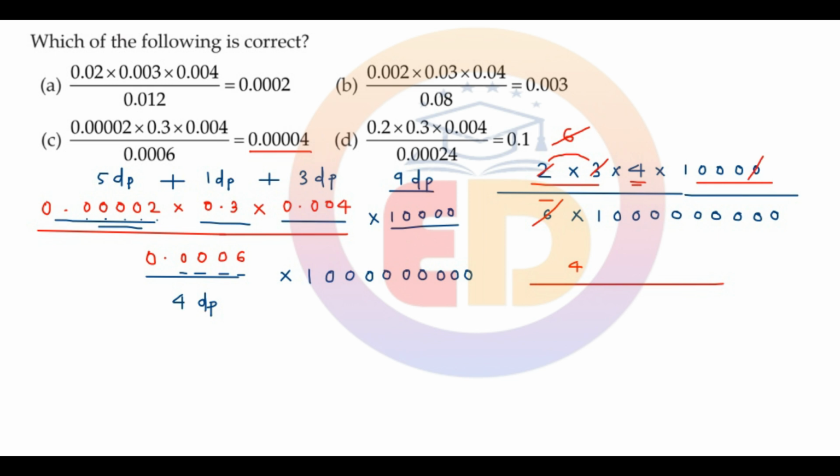Let's cancel these 4 zeros. 1 zero from the numerator and 1 from the denominator. Another zero from numerator, another from denominator. Another zero from numerator, 1 from denominator. Another zero from numerator and another from denominator. So I'm left with 1 followed by 1, 2, 3, 4 and 5 zeros.